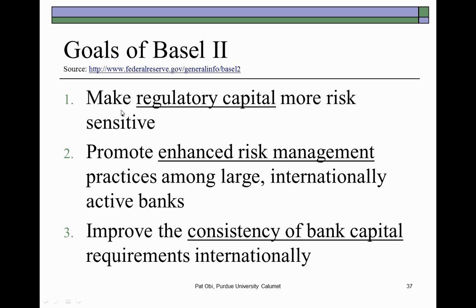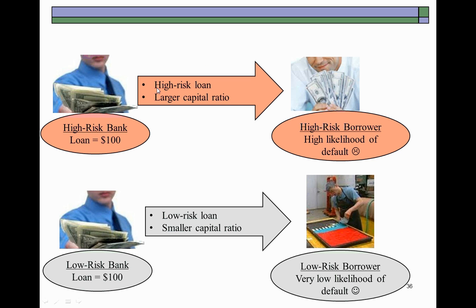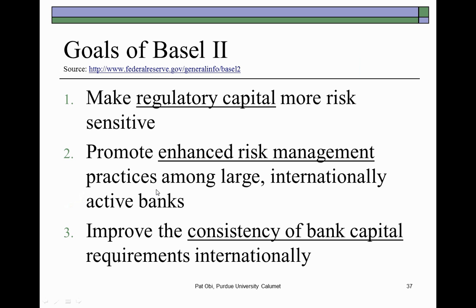The first and foremost is to make regulatory capital more risk sensitive. Regulatory capital would be the $8 that will be required for this first bank here, and the $4 that will be required by this second bank here. Those numbers are based on regulation.